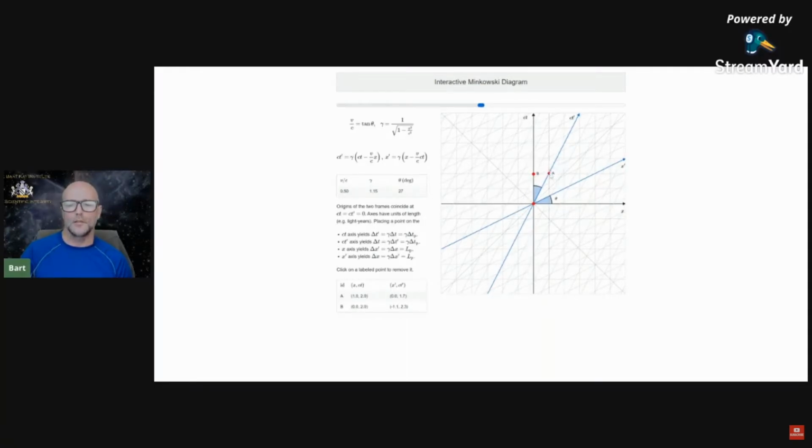Yellow Ted, by Yellow Ted's reckoning, has only been traveling for 1.7 years. Because Yellow Ted's clock is running more slowly than my clock is running.